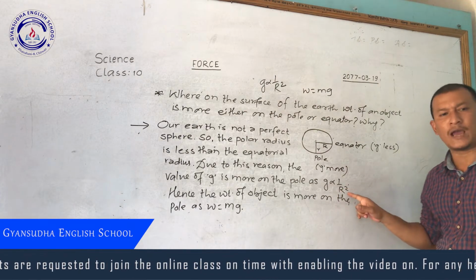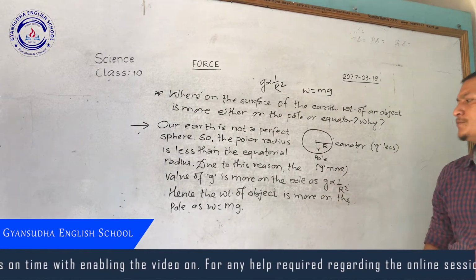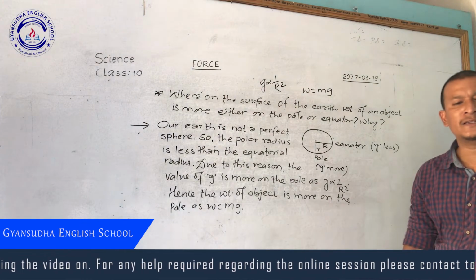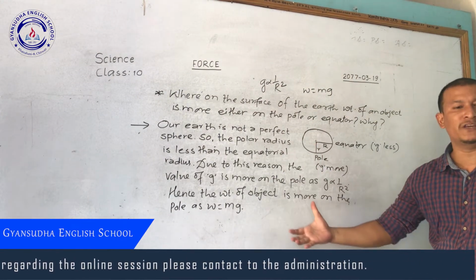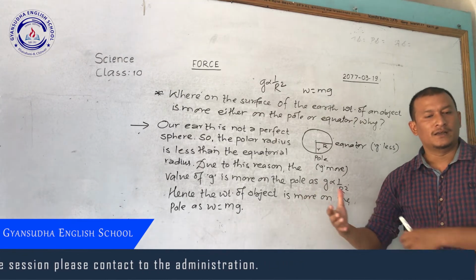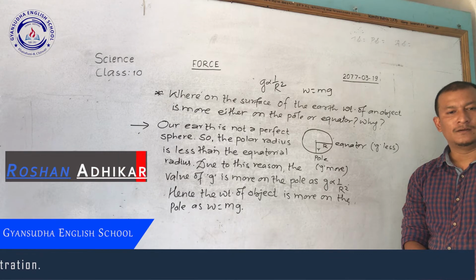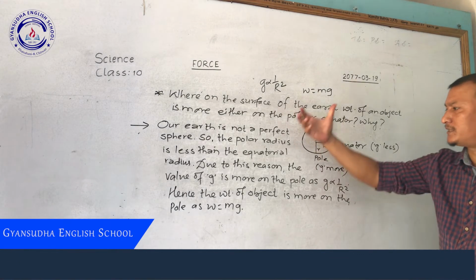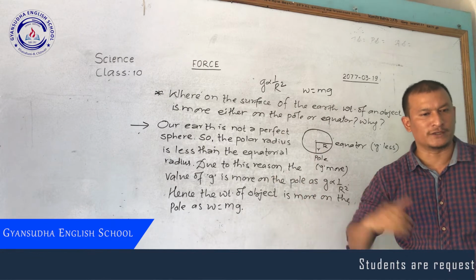In place of radius, you have to write square of distance or height. So the weight of the object will be more in Tarai region, as W equal to mg. You take the hint from here and try to write. A bundle of questions can be made to give the similar answer. I will discuss another question also.